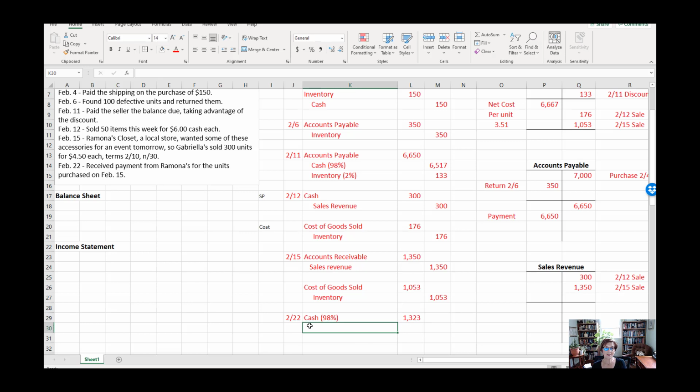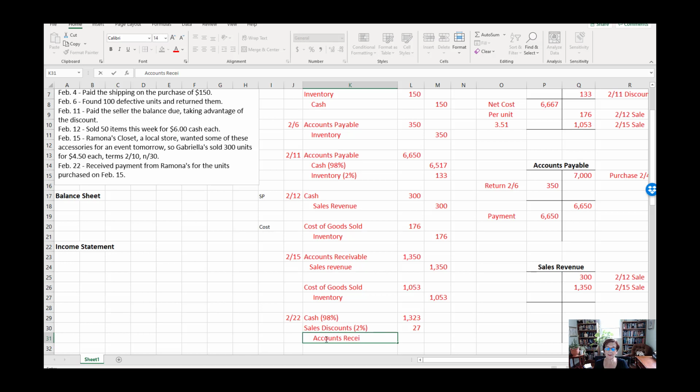Now, what is this other account? This other account is called sales discounts, right? This represents the amount of discounts that we gave to our customers, and this is going to be the 2%. All right, so this is equal to 0.02 times the $13.50, and remember these two have to add up to $13.50. We're going to credit accounts receivable for the whole amount.